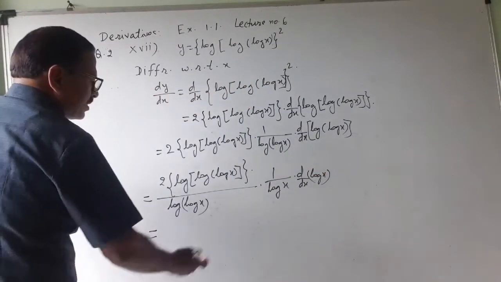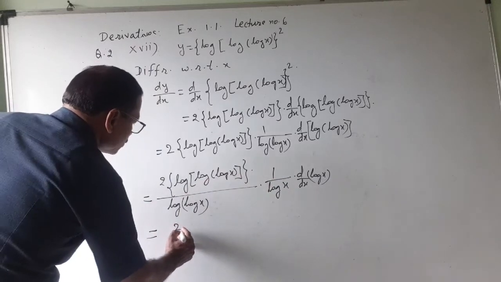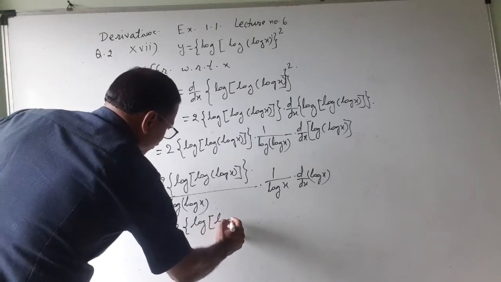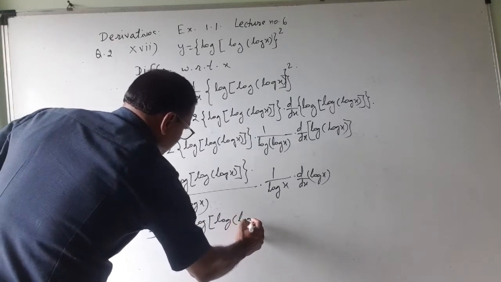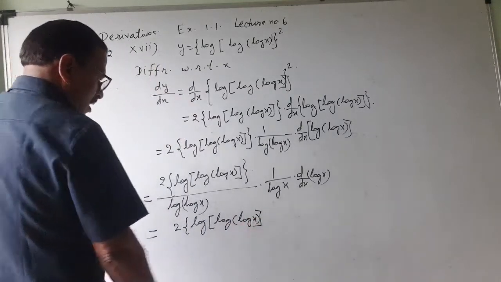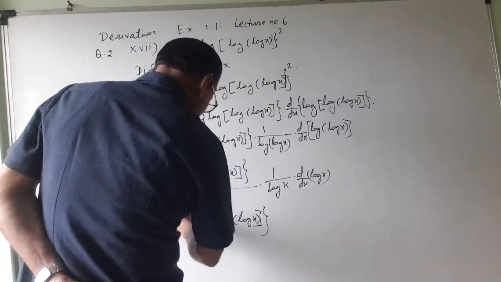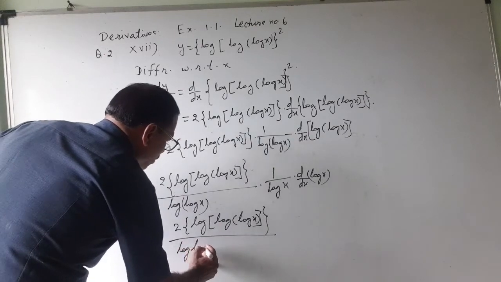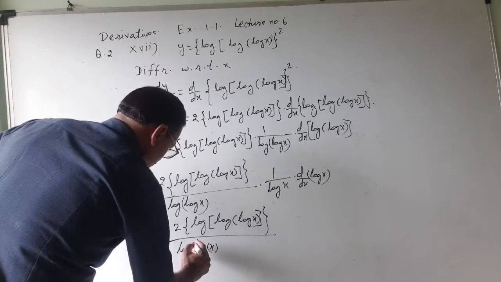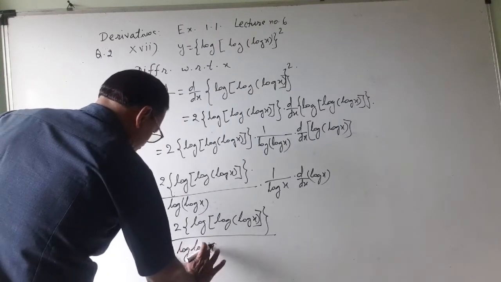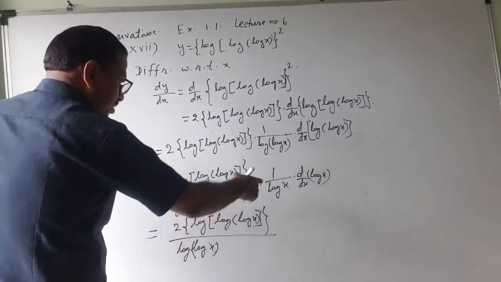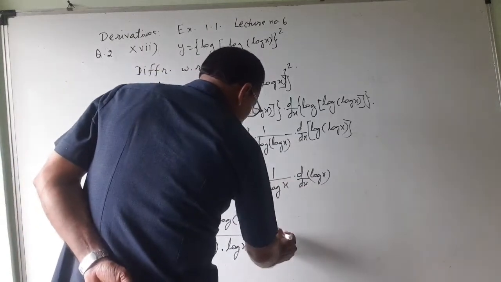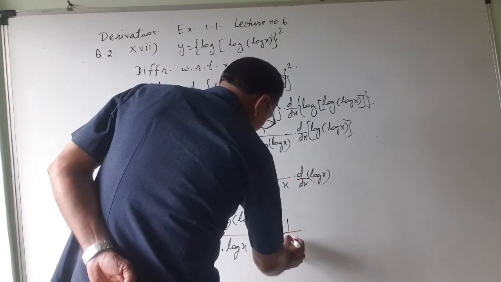So that is equal to 2 log of log x, I will put the bracket here, into log x, into the derivative of this log, which is 1 upon x.